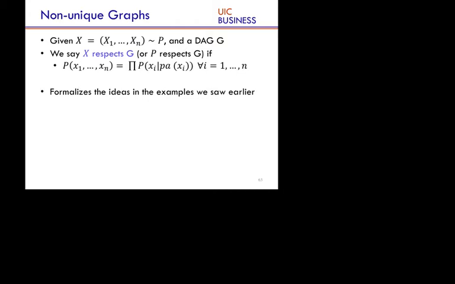We say that the distribution on those random variables respects a graph if the joint probability is equal to the product of every random variable conditioned on its parents. We're just defining this: P respects a graph if P is factorizable in this way.